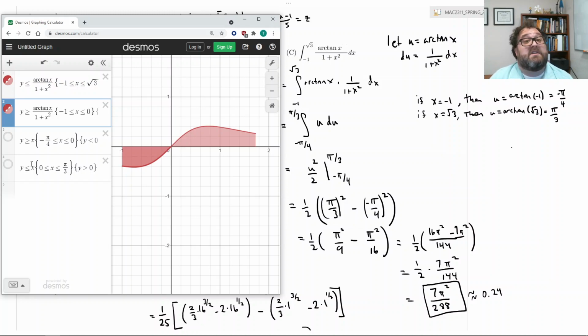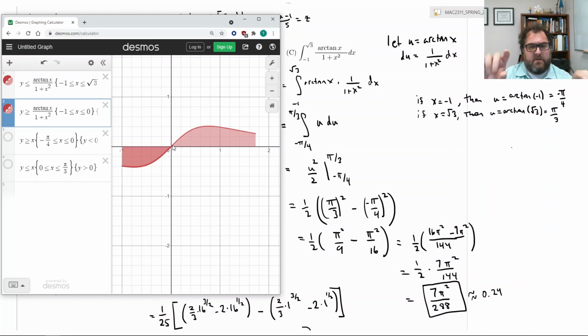So notice that function is not non-negative. So here the interpretation is going to be net area: the area of the region above minus the area of the region below, and that's why we get a pretty small answer. Our answer is approximately 0.24, and that makes sense to me because there's a lot of cancellation.